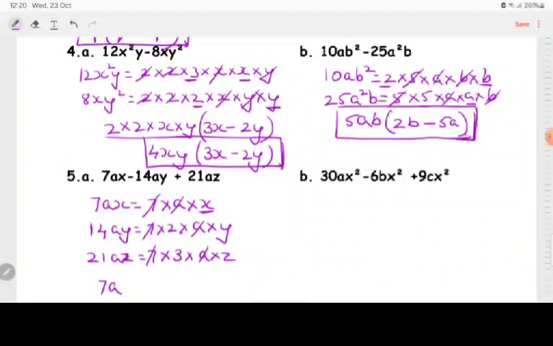What I'm left with is X, which goes inside the bracket, followed by a minus sign. I'm left with 2Y, and I'm left with 3Z with a plus sign.